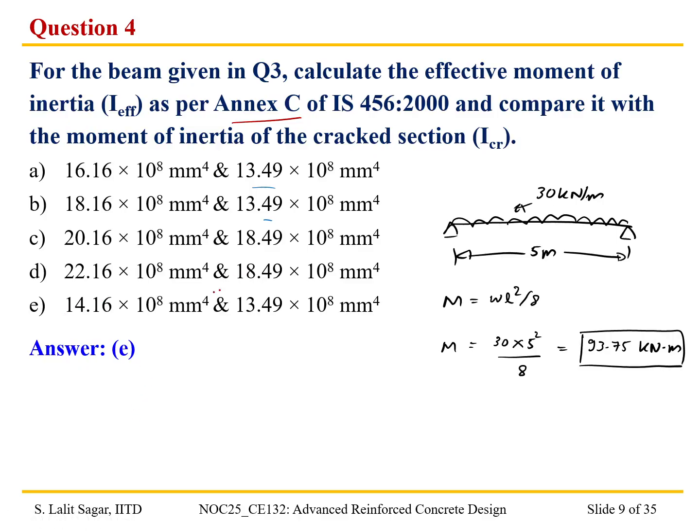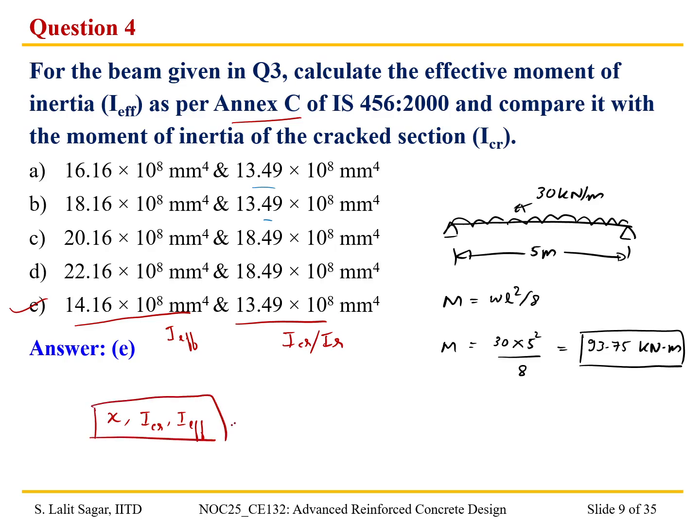This is the value of effective moment of inertia, and this is the value of the cracked moment of inertia, ICR or IR. Therefore, option E is the correct response. So first we determine the depth of the neutral axis, then the cracked moment of inertia, then the effective moment of inertia.